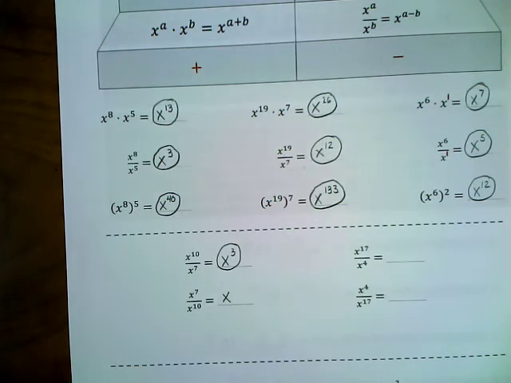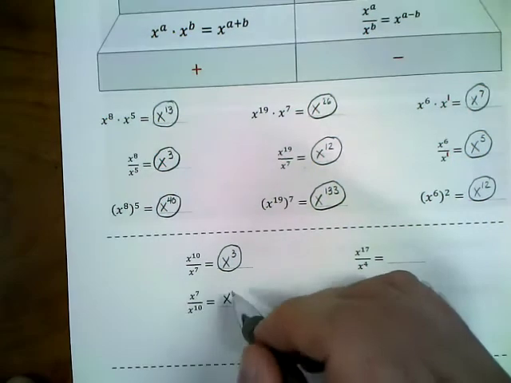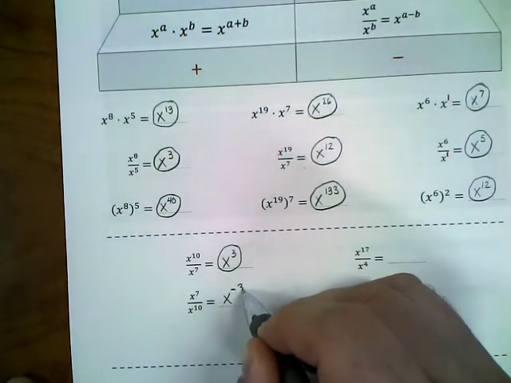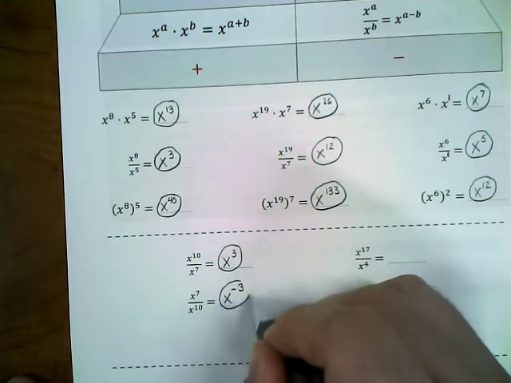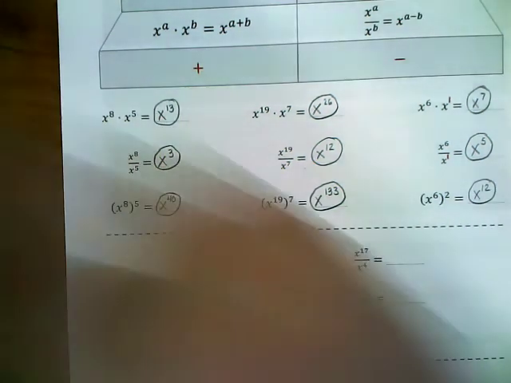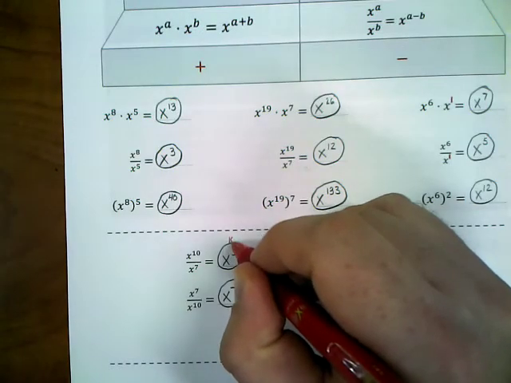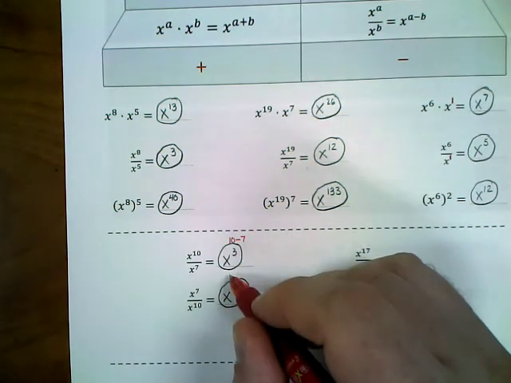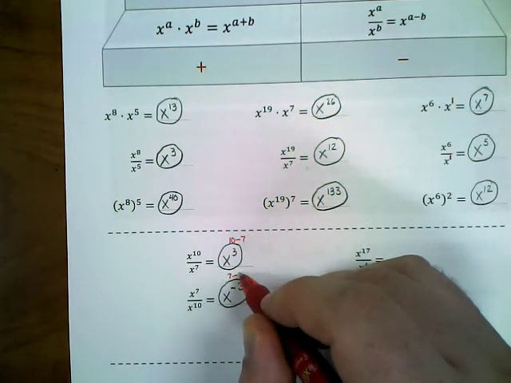You're going to have a little bit that you're going to have to owe me. So owing somebody is a negative. So this is a negative 3. And as just a reminder for the future, the reason we got this here was because this was 10 minus 7. We got a negative because this was 7 minus 10.